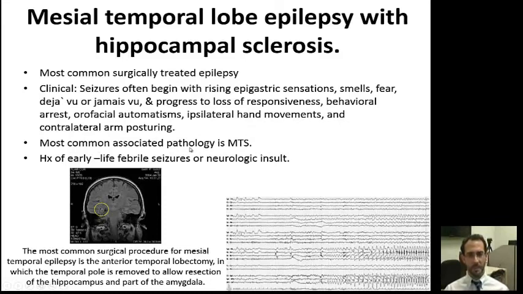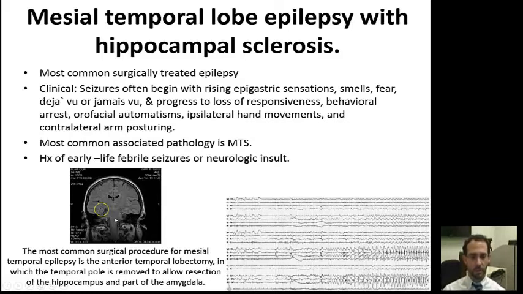The most common associated pathology is mesial temporal sclerosis, for which we'll typically get an MRI with, again, the transverse cut, which we call the coronal cut. And then we look into the hippocampal area, whether there are any changes.